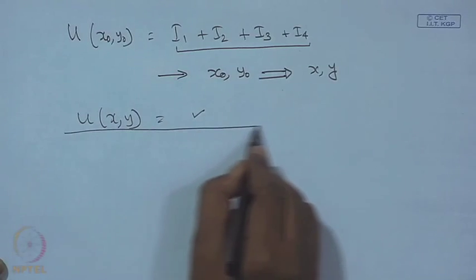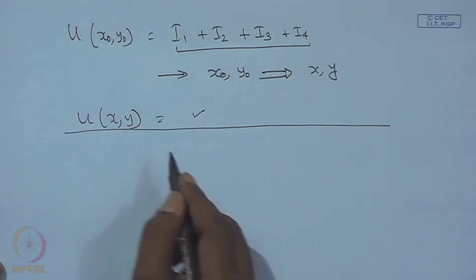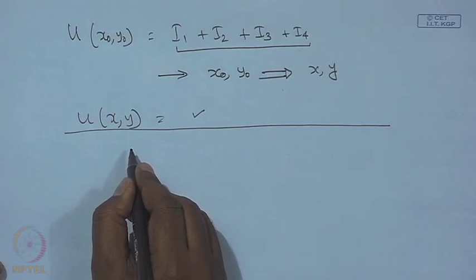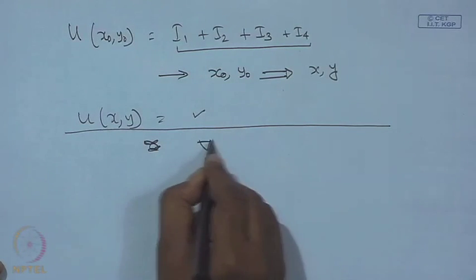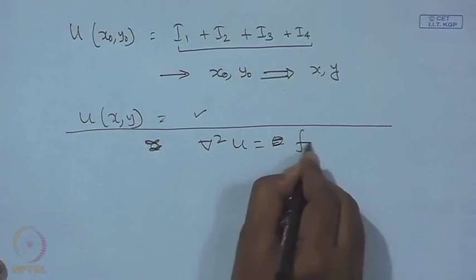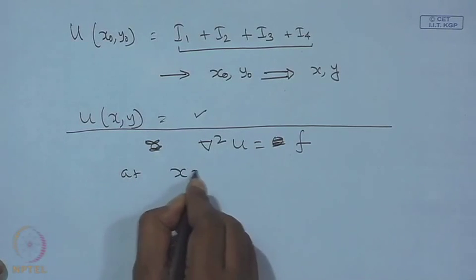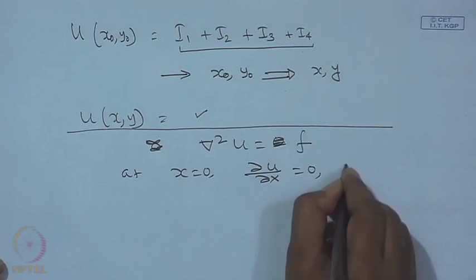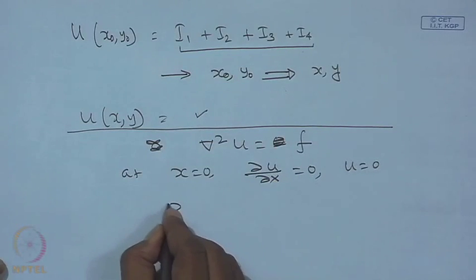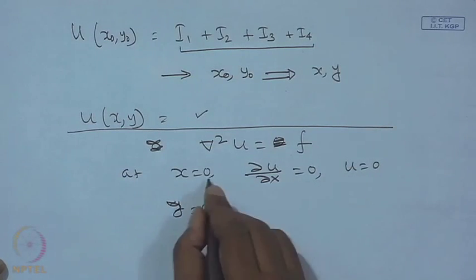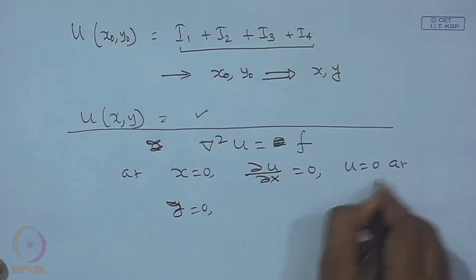Now, one more thing I would just like to talk about here is that the boundary conditions may be different. Instead of the Dirichlet boundary condition for the same 2-dimensional problem, grad square u is equal to f, suppose at x is equal to 0, instead of u, del u del x is equal to 0, and u is equal to 0 at x is equal to 1.